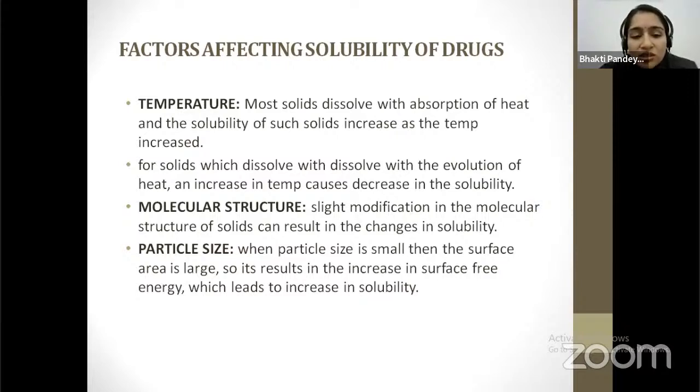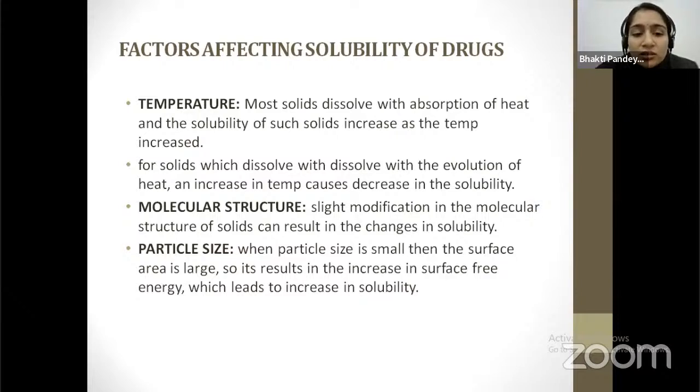Then our last is particle size. How will particle size affect the solubility?